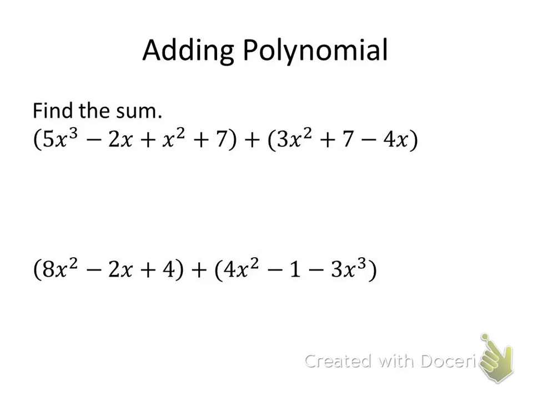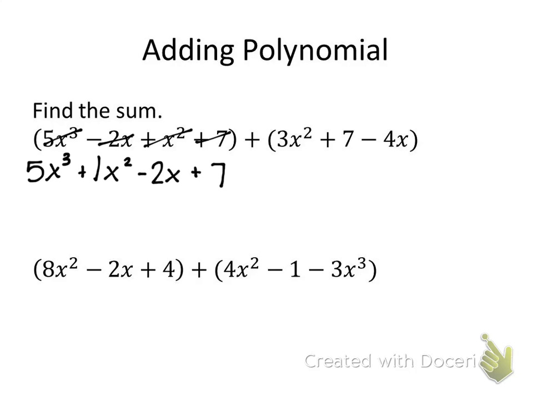What term would be written first? 5x cubed. Then what comes after that? Plus x squared. What is the number in front of x squared? Go ahead and write it. You will be happy you did. What comes after x squared? Negative 2x. And lastly, the constant always comes at the end.